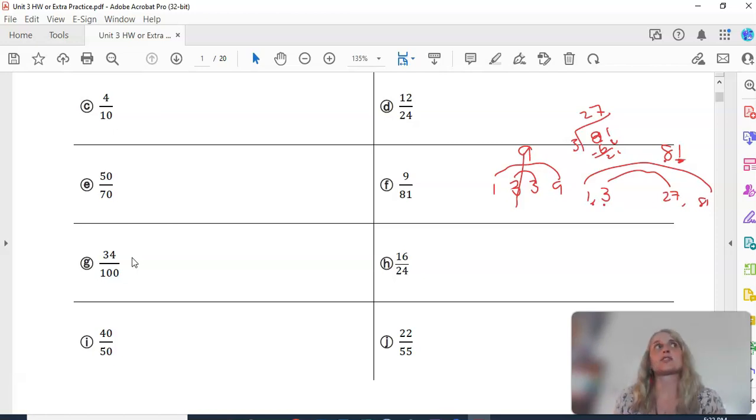Don't have any fun facts for 7, so I'm just going to run through my 7's tables. 7, 14, 21, 28, 35, 42, 49. 7 times 7 is 49. 7 times 8 is 56. 7 times 9 is 63, 7 times 10 is 70, 77 is 11, 84, nope, okay, that's not gonna work.